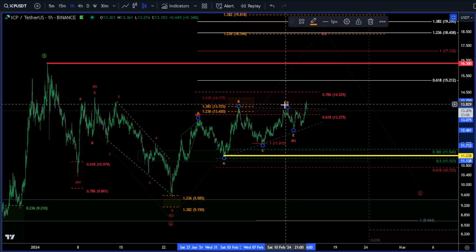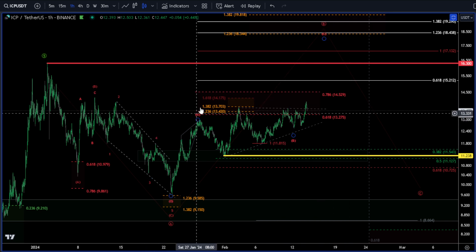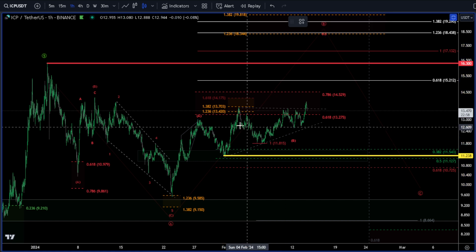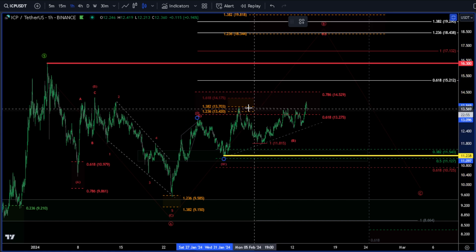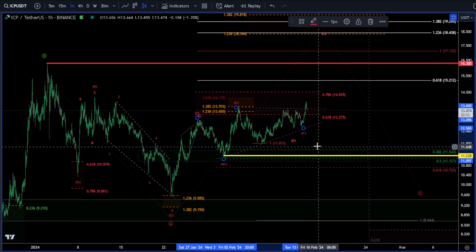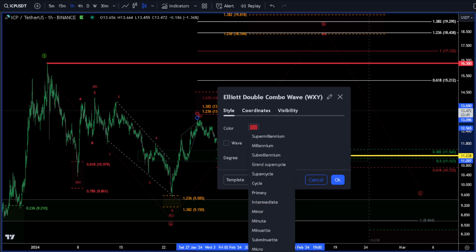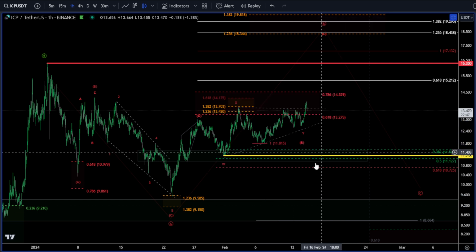So one alternative I saw was if we consider our A wave as labeled correctly, then this can be a W, X, Y. And what that would be is a super complex correction.